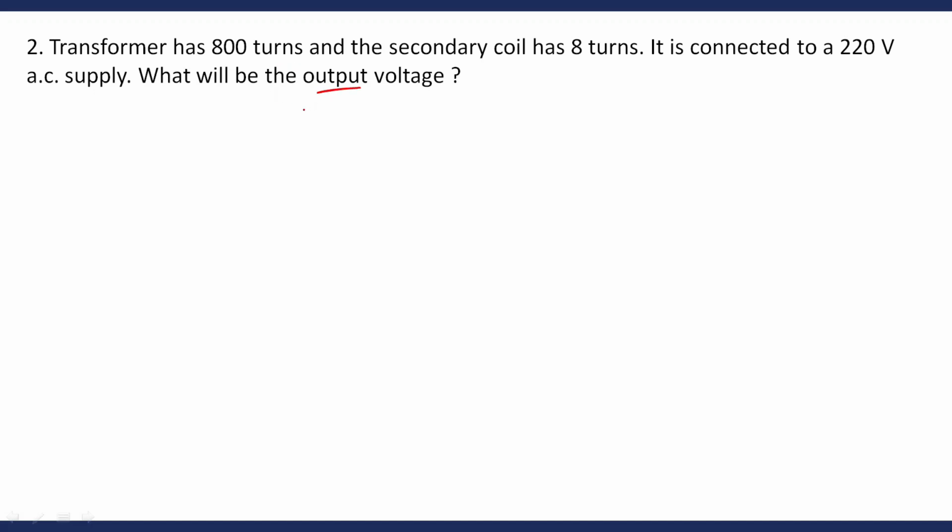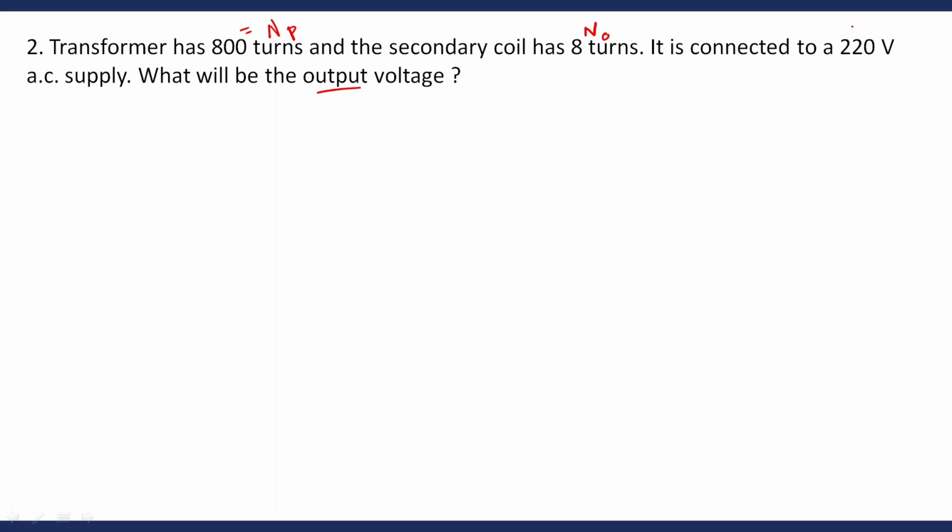The output voltage needs to be found. This is the input number of turns, I will write it as Np, primary coil turns. This is output turns, I will write Ns.